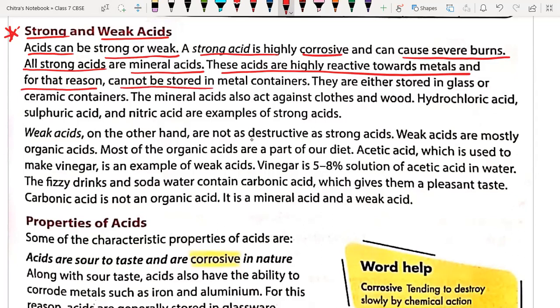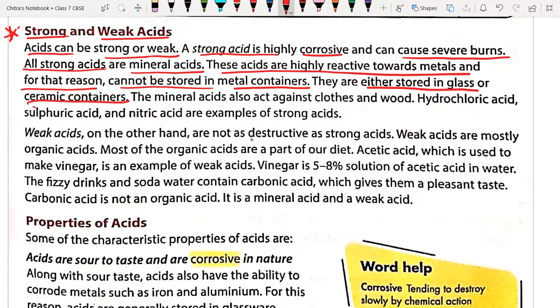They cannot be stored in metallic containers. So strong acids cannot be contained in metallic containers. In order to store them, we use glass or ceramic containers, not even plastic.